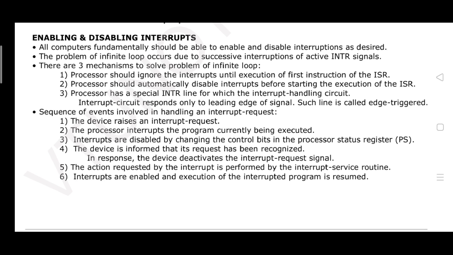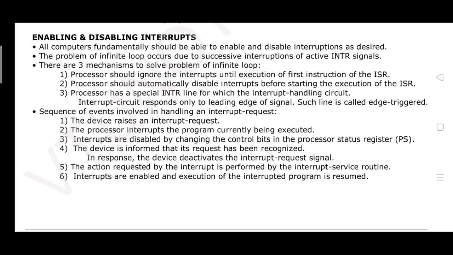It starts executing the task requested by that particular device, and immediately turns off the interrupt request line for a while until the service completes. Once the service is completed and delivered to the requested device, again the line will be activated.